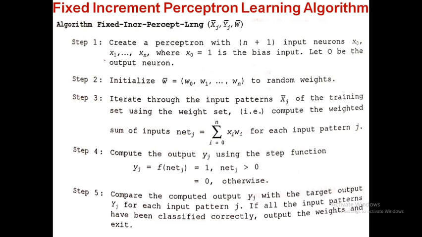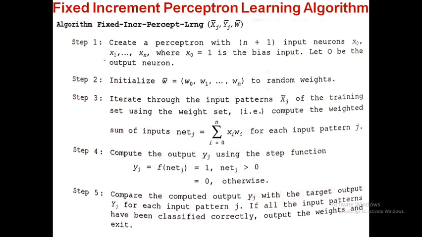For that, the corresponding weights initialized with random values will be taken as they are, and compute the corresponding weighted sum of the inputs for the particular j input set. That is, j may be 1, 2, first set, second set, third set, like that. That will become summation i equal to 0 to n xi into wi for each input pattern j.